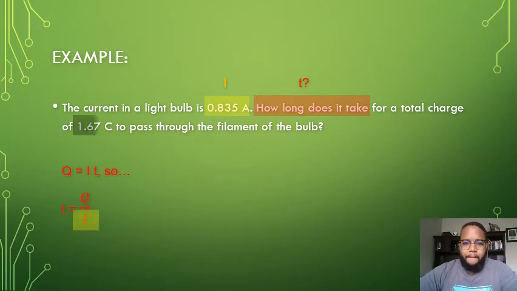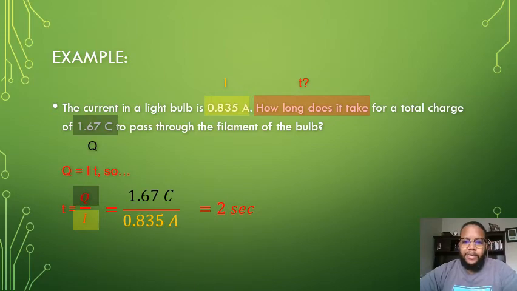That's down there. The 1.67 coulombs is Q, charge. That's right there. So we're going to put both of those in the equation, and you get 2 seconds. And that's it.